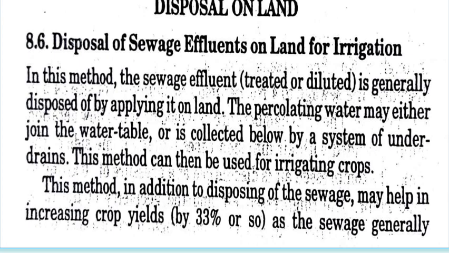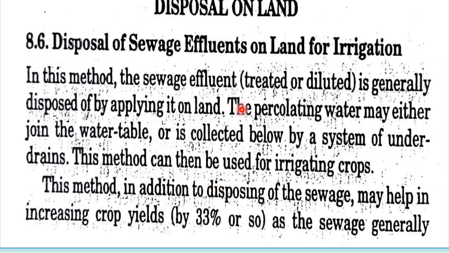Usually the sewage which is coming from the residential area contains solids. Try to understand, it contains solids. If we dispose this sewage onto the land for irrigation purpose, what happens? It contains a huge amount of plant nutrients, which are waste byproducts from human activities.